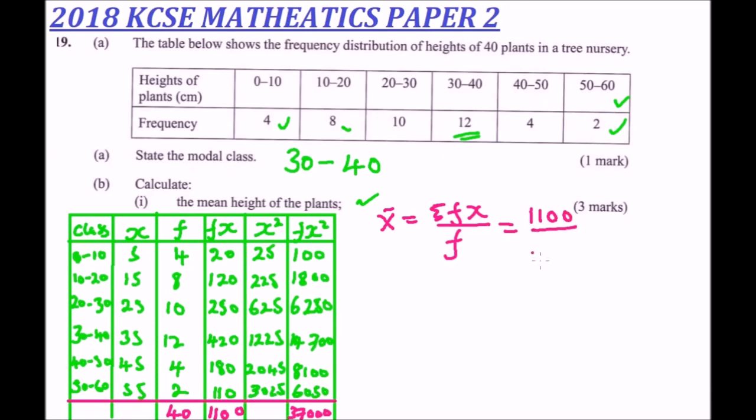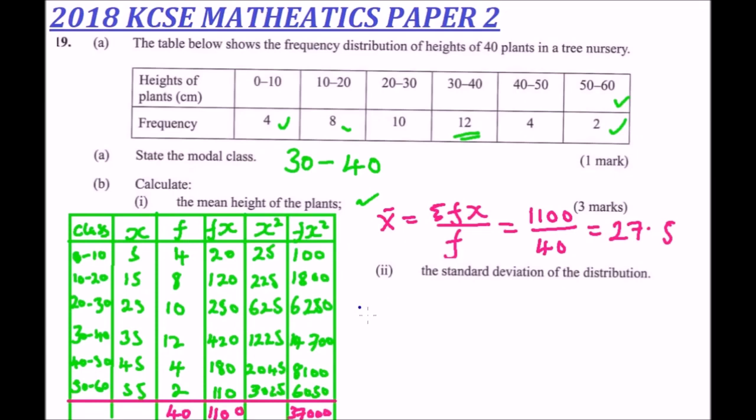You divide by the sum of the frequency, which is 40, and this is going to give us 27.5. So that is the mean height of the plants. So that you earn yourself 4 marks so far.